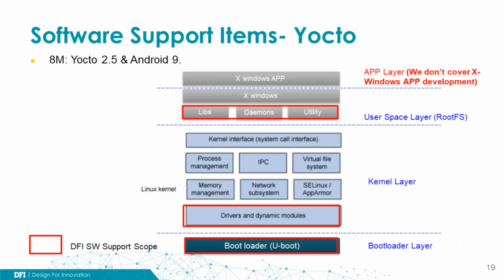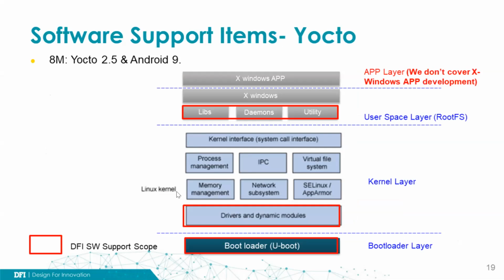Okay, let me talk about the software support. For example, on the i.MX8 DFI standard product, we will support the Yocto 2.5 version and the Android 9 version. And on the default eMMC, we will install the Yocto OS inside.